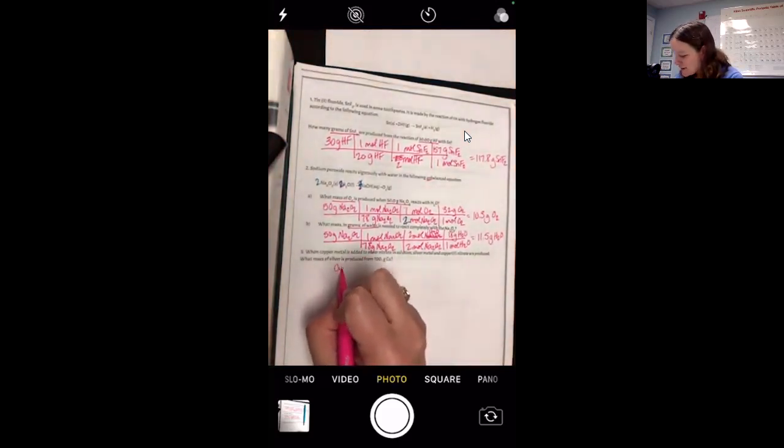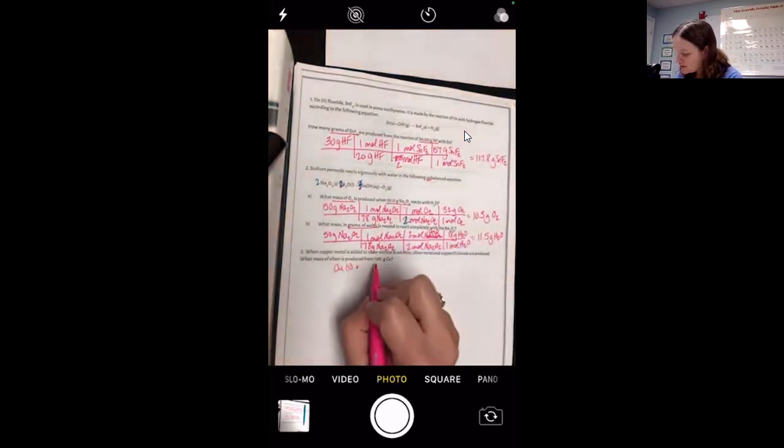And finally, again, this is where you should pause. Try this one on your own if you haven't been already. We're doing copper metal added to silver nitrate. It's going to produce silver metal and copper 2 nitrate. So we're going to have to write out our equation. So copper metal, Cu as a solid, right?